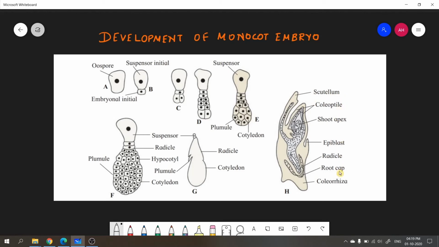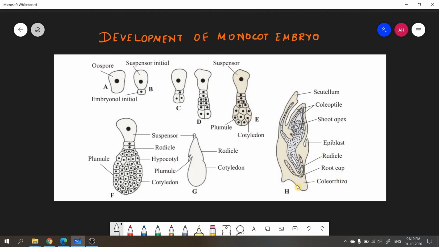And you can see all these labels. I'm going to explain them. Over here, shoot apex gives rise to a plumule. Plumule, as we all know, forms the shoot of the plant, right? And the protective covering outside the plumule is called coleoptile. Then similarly, you have a radicle over here, which gives rise to the root later on. And then you also have a root cap.